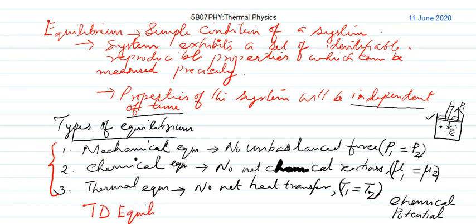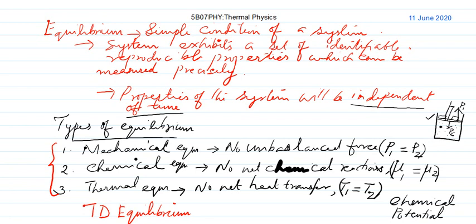So thermodynamic equilibrium is a state in which the system is in mechanical equilibrium, chemical equilibrium, and thermal equilibrium. The combined condition of all these three equilibria satisfied by a system is known as thermodynamic equilibrium.